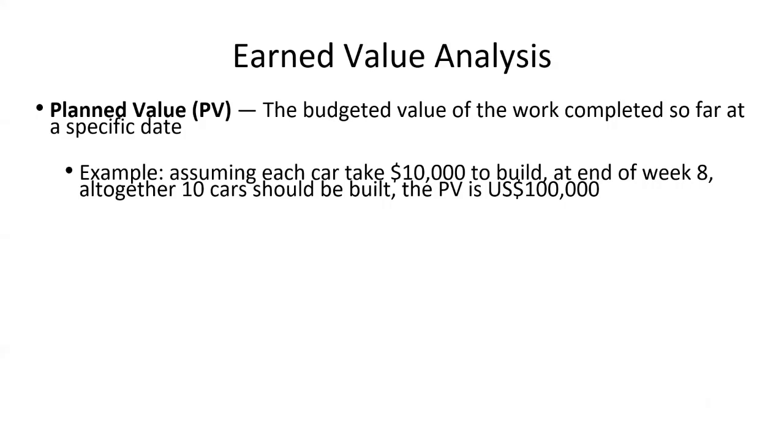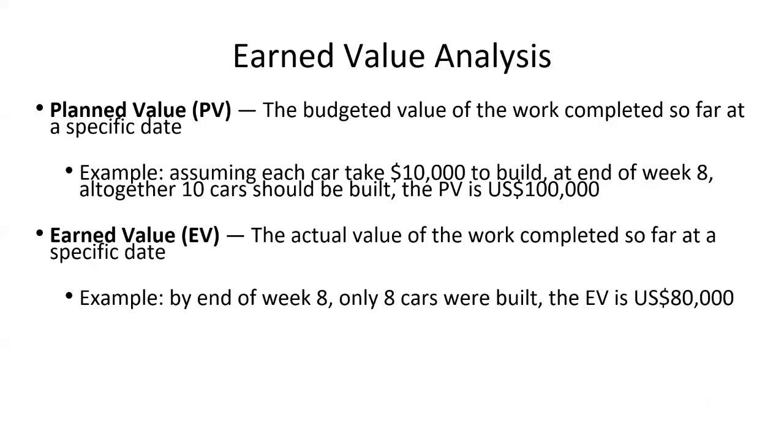So for instance, let's assume that there are 10 cars to be built in 8 weeks, and each of them costs around $10,000 to be built. So the planned value at the end of the project should be $100,000, because we are planning to build each car for $10,000.